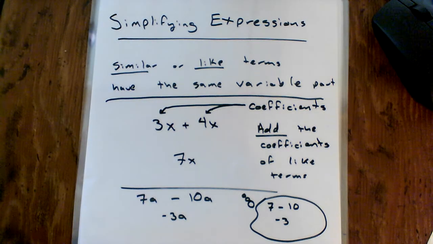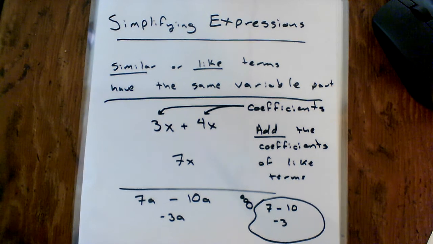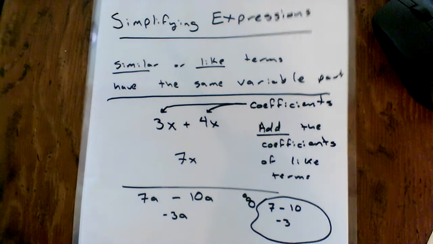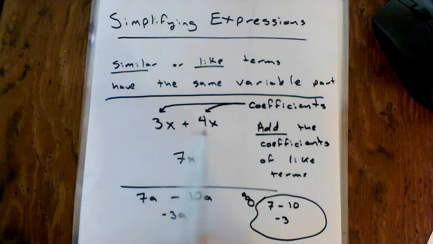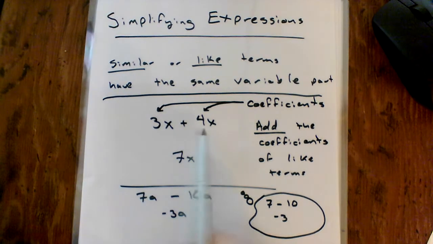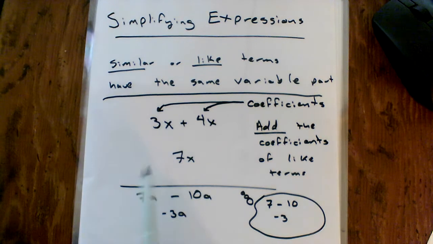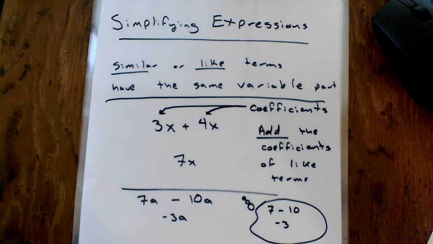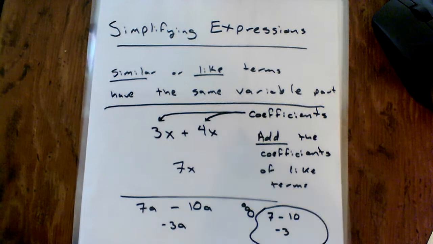Okay. Now, we can add some other flourishes onto this if we want, because here it's very clear that these are like terms, x and x. I've only got a single variable here, and I'm only doing 2 at a time.